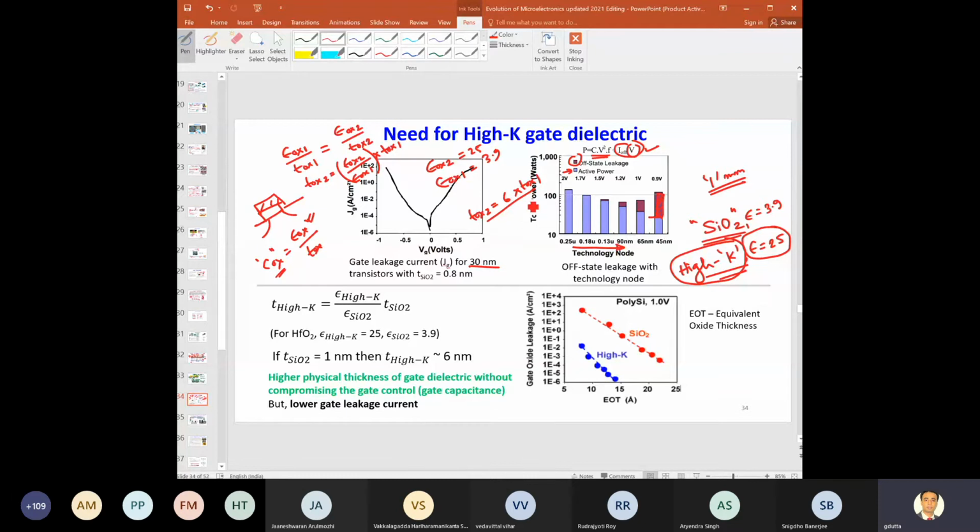If you make the thickness of the high K dielectric 6 nanometer, due to this high value of epsilon, the capacitances offered by the silicon dioxide and the high K will be the same. But the physical thickness of the high K dielectric will be much more compared to that of silicon dioxide, right? So you have more physical separation. Also, you can significantly reduce the tunneling current. And that is the beauty of using this high K dielectric.